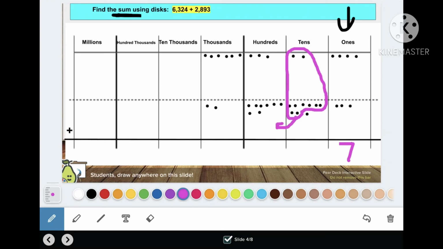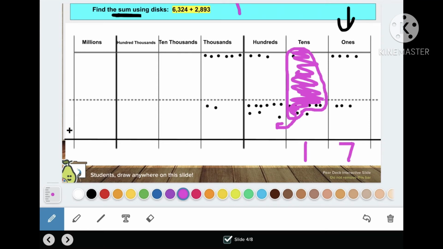And how many discs am I going to draw on top of that arrow? That's right, only 1. I'm going to draw 1 new disc. So that means these 10 tens are gone. How many tens do I have left? That's right, I only have 1 ten left.